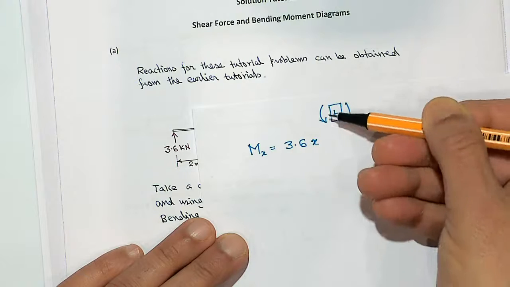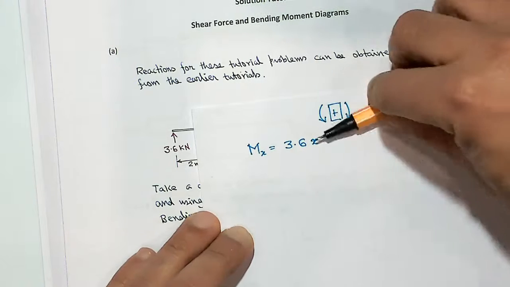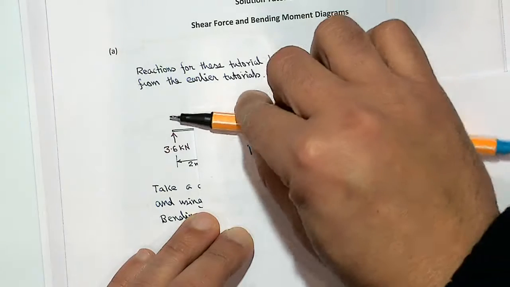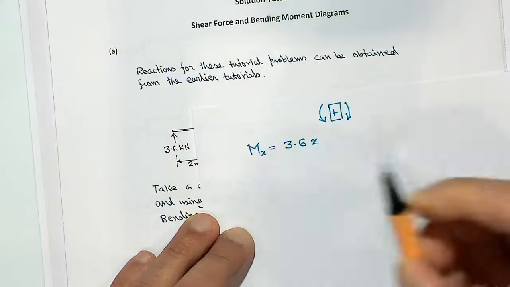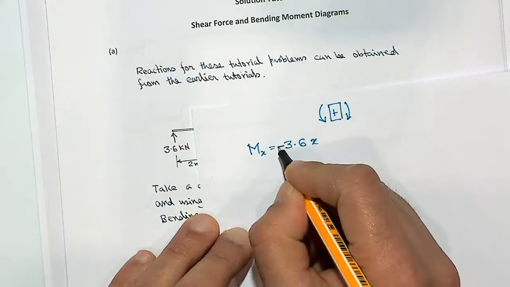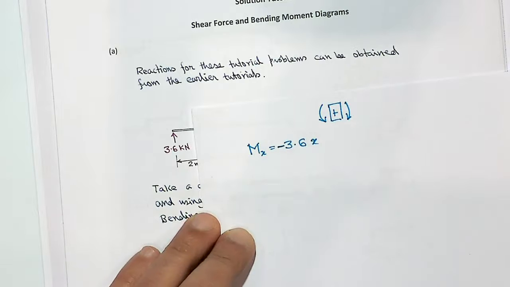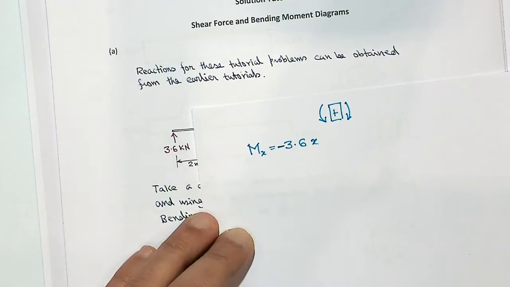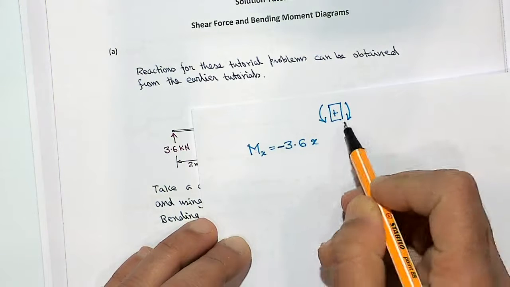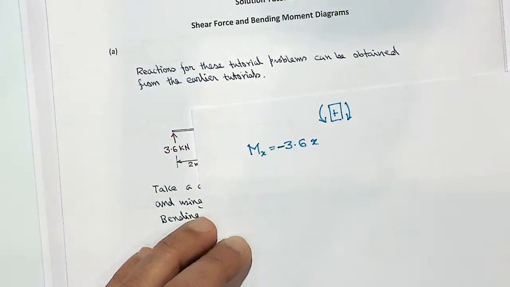That means left-hand side anticlockwise moment is positive, and this is giving a left-hand side clockwise moment. So this is a sagging moment, which should come with a negative sign: minus 3.6x. Make sure you understand that. As I said before, you can use any sign convention as long as you are consistent.